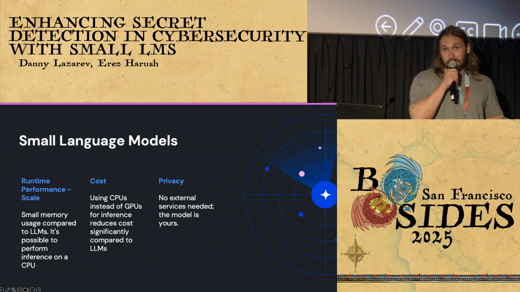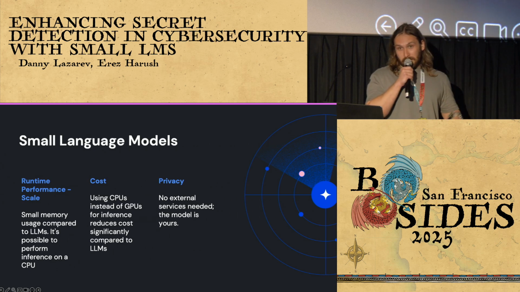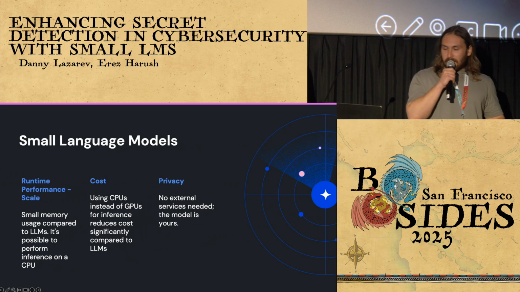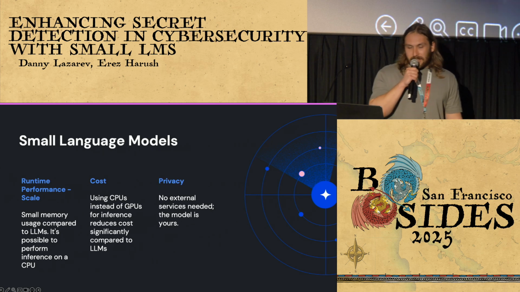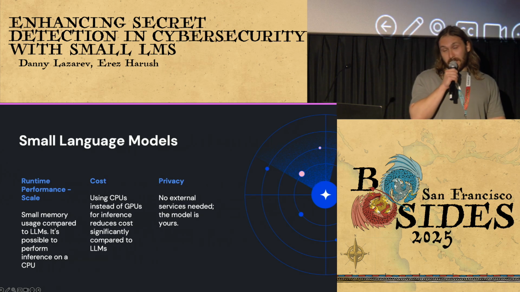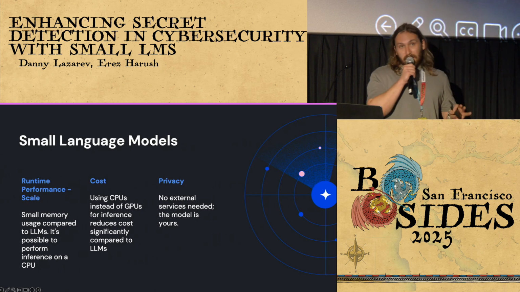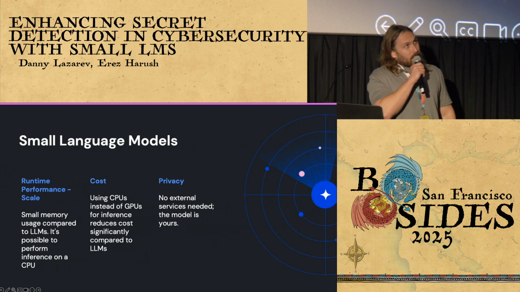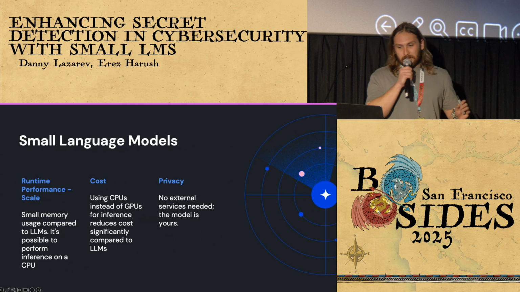And that leads us to the cost. We can run small language models on standard machines instead of GPU machines, so this reduces cost significantly. And of course, privacy. The model is ours. It runs in our environment. No data is sent out. So it solves all of the compliance issues.